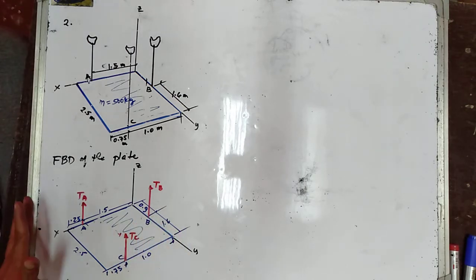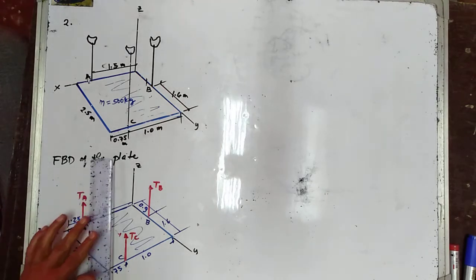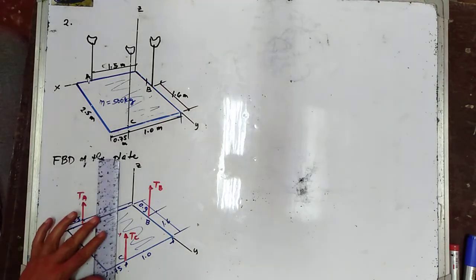Now, so we now have the free body diagram. So we have the mass of the plate is 500 kilograms. So the mass is acting at the centroid of the plate.